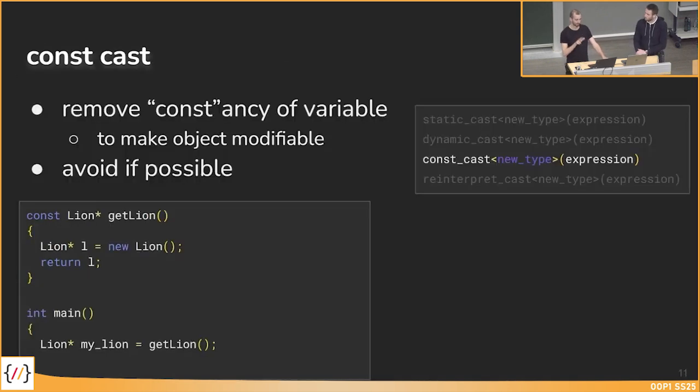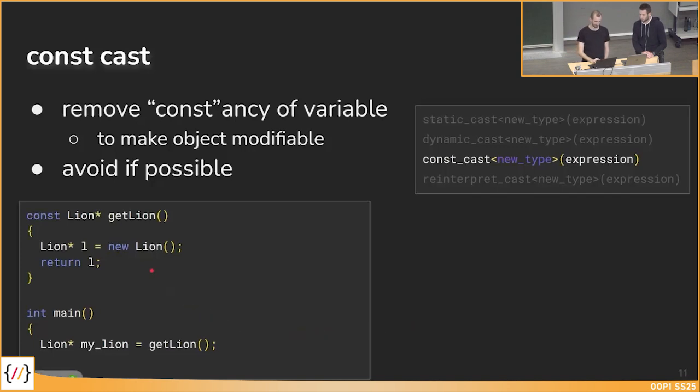Okay, the third cast is the so-called const cast. This is one you should maybe avoid if possible. It removes the constancy of variables. So you will face the situation where you have an object that is const, but then you will maybe modify that.